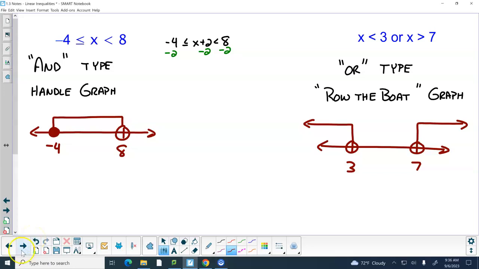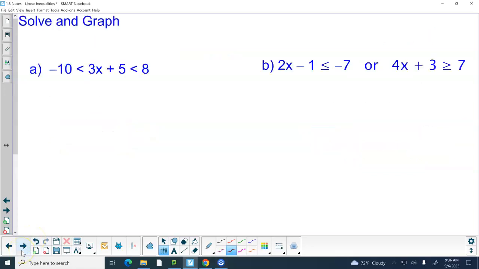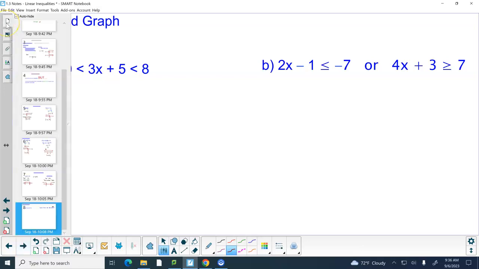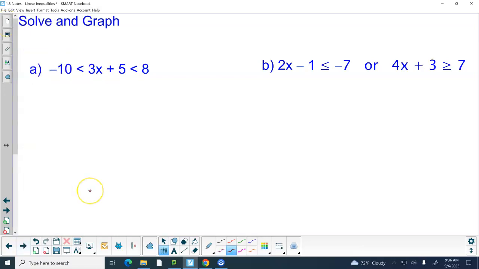All right, let's put it into work here now. Oh, this is the last one. Okay, here we go. So the first one, we want to solve it. What would you first do to get x by itself in the first one? Subtract 5? Everybody agree with subtracting 5? Okay?